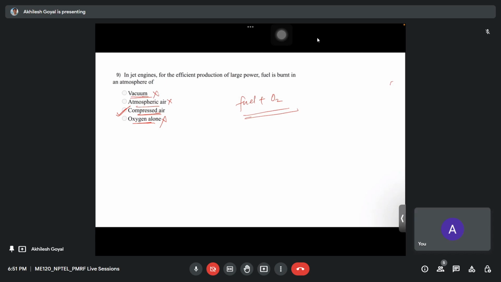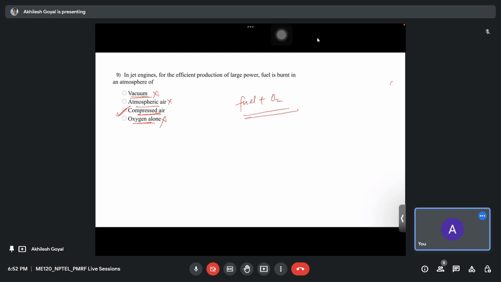But sir, in the presence of oxygen alone, is burning completely possible? Yes. In the presence of oxygen alone, fuel can be burned completely, but we are talking about jet engines.